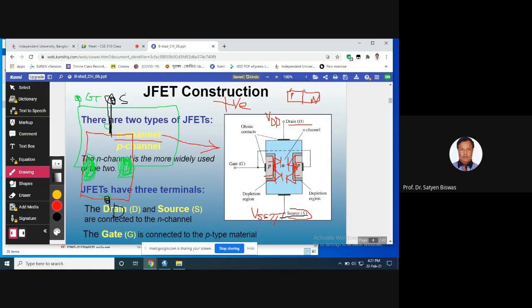There will be a depletion region, right? That's what we learned last class. There is a depletion region, and if we apply forward bias, this will disappear. And if we apply reverse bias, then the depletion region will be bigger, right? That's what we learned last class.